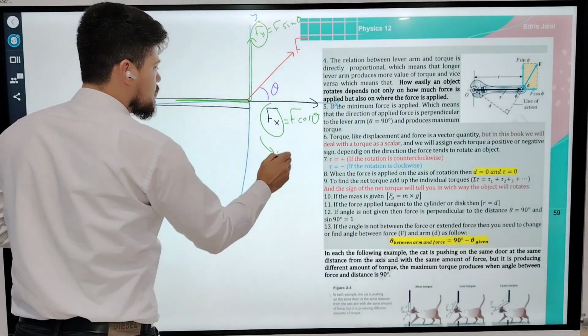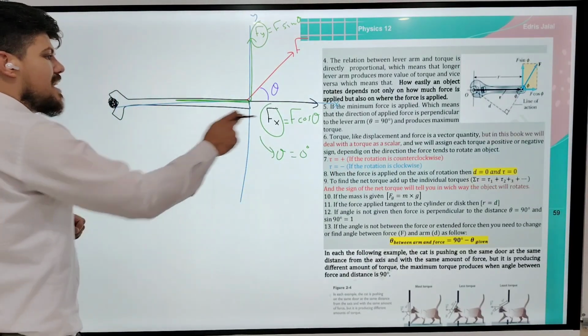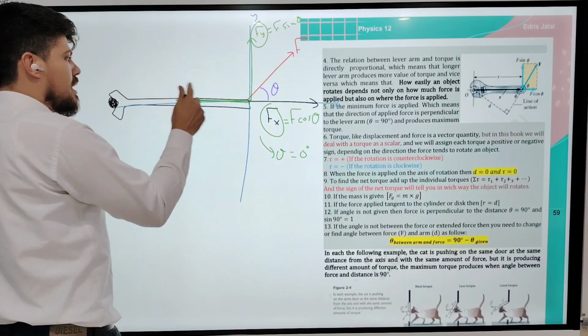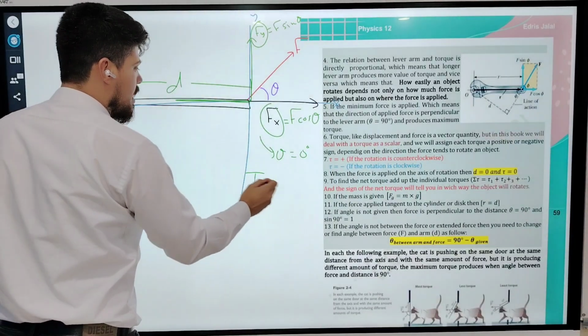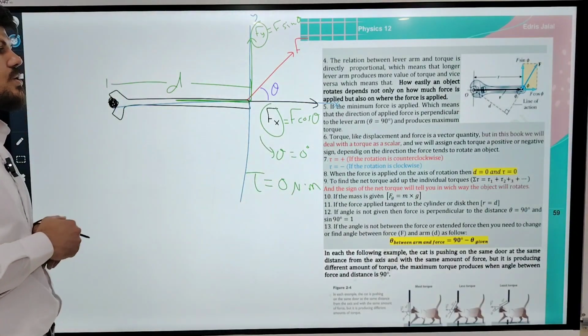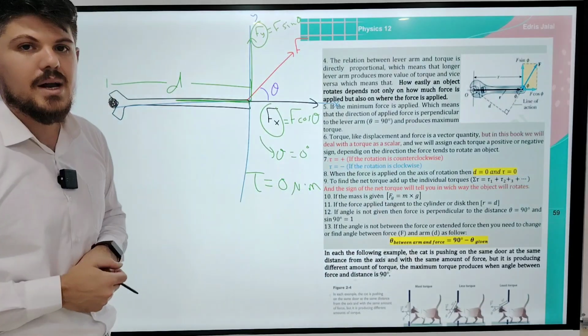Because the angle is 0, the x component of the force is parallel to the distance. That is why its torque is 0. It cannot produce torque. Fx cannot rotate this spanner.